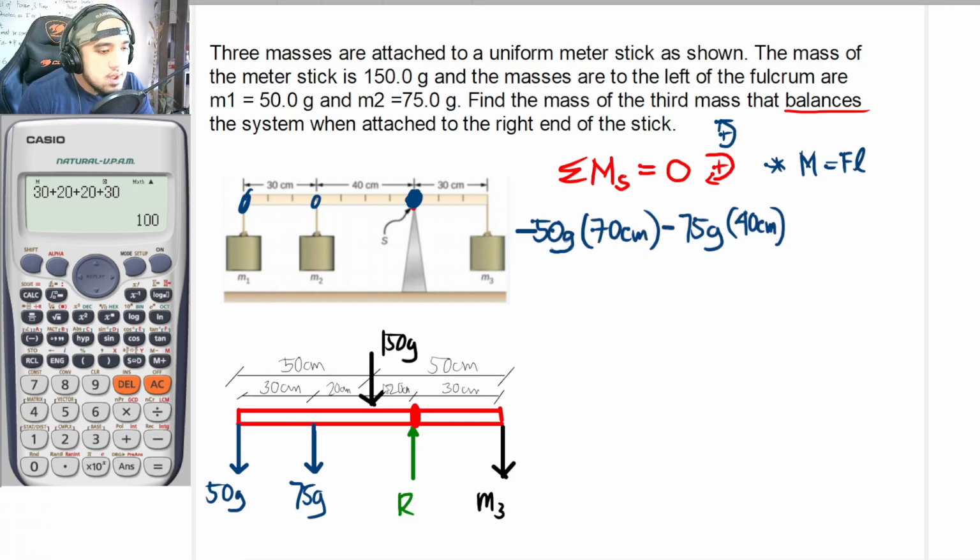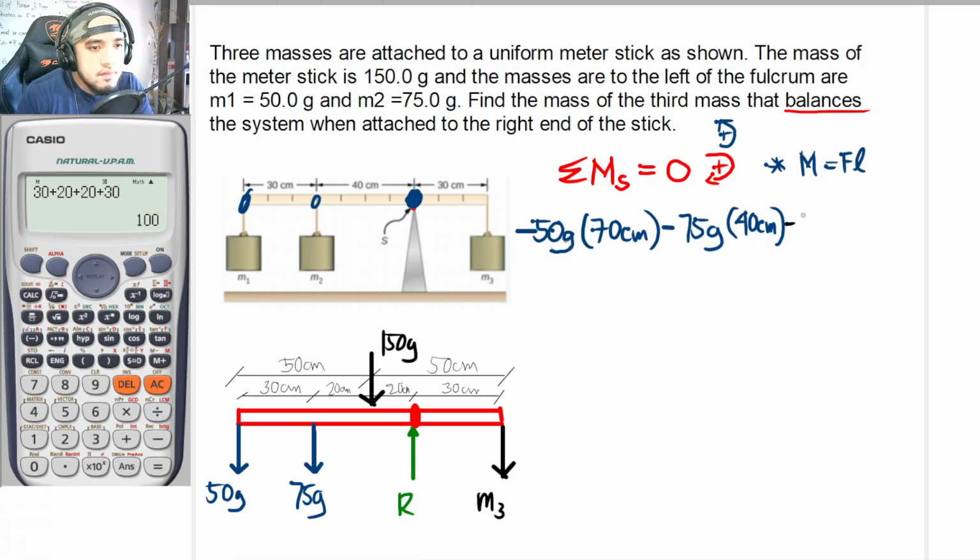Okay, proceeding. So we also have this weight, 150 grams. As you can see, the tendency of this weight is to rotate point S in a counterclockwise direction once again. Thus, this is once again negative.